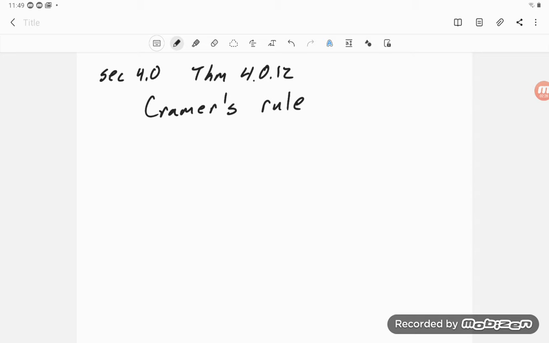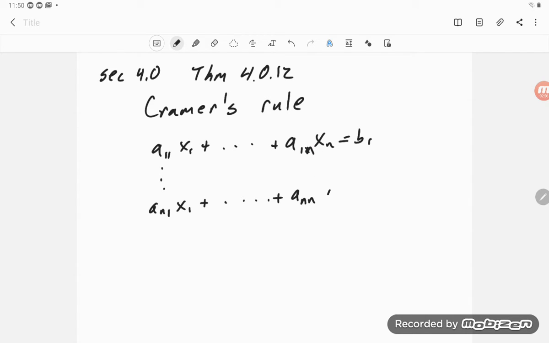So we have this linear system, a11 x1 and so on, but we could always write this as a matrix equation, down to an1 x1 plus all the way over to ann xn equals bn.